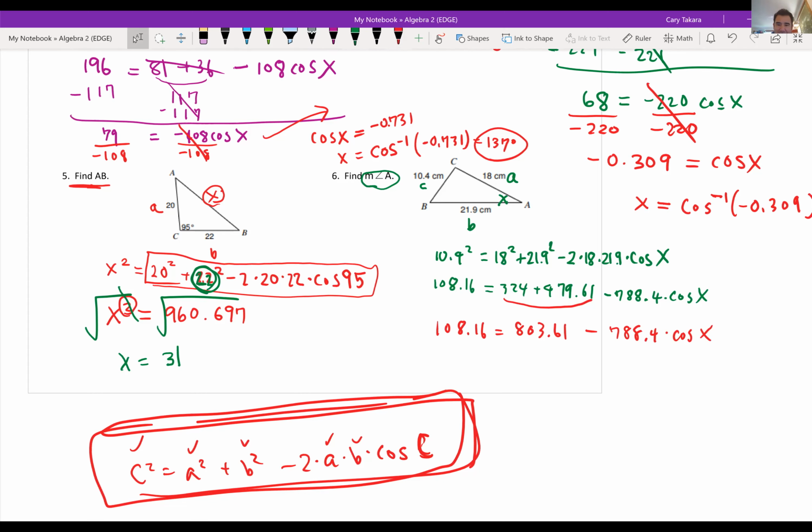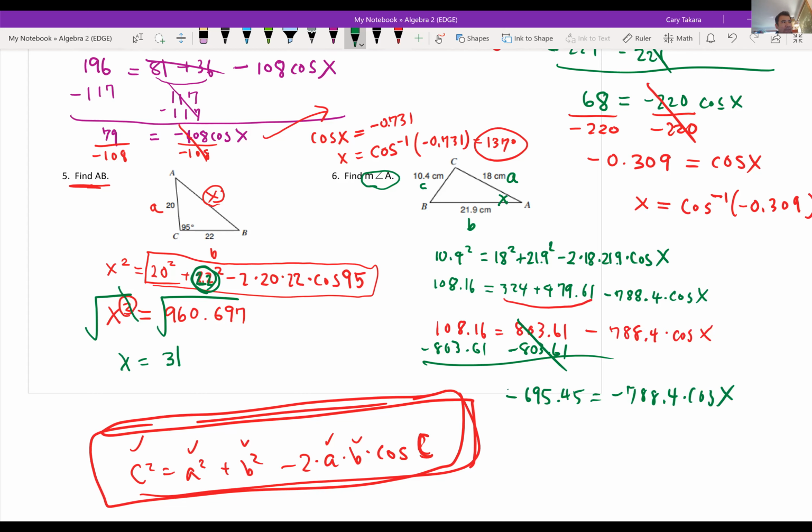So let's subtract 803.61 from both sides. And that cancels out. So 108.16 minus 803.61 is negative 695.45, which equals negative 788.4 cosine of x.